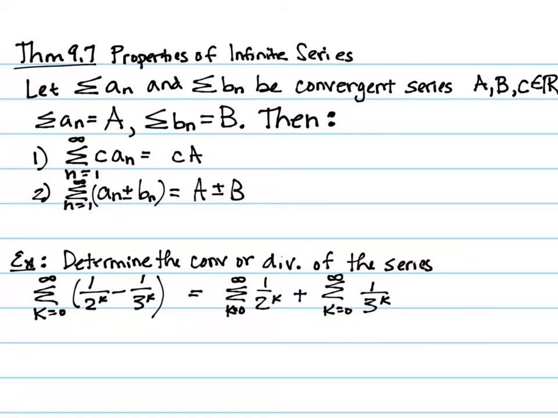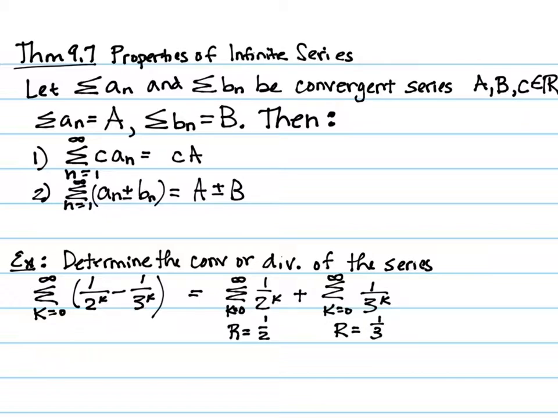What is the common ratio of the first one, 1 over 2 to the k? It's 1/2. And what is the ratio of 1 over 3 to the k? It's 1/3. So each of these individually does converge.